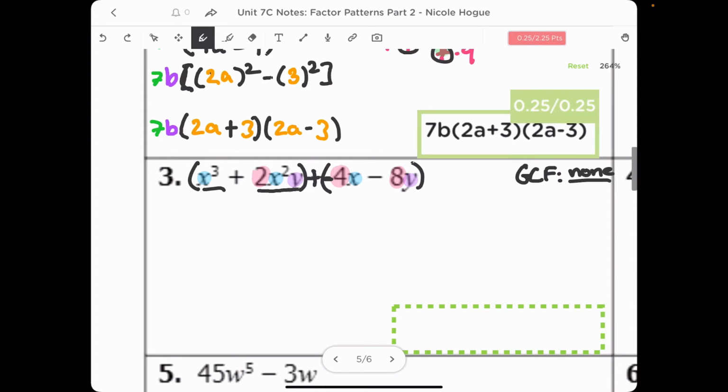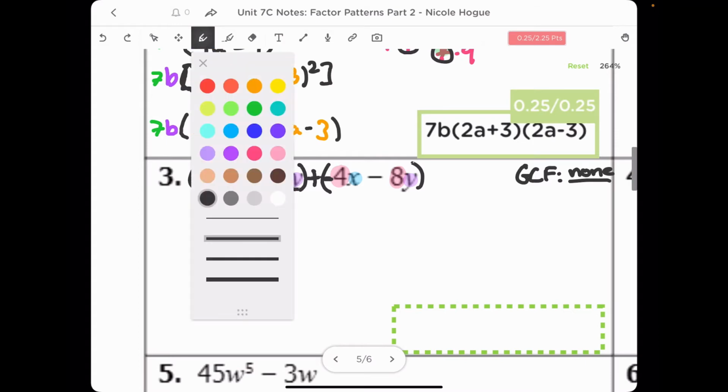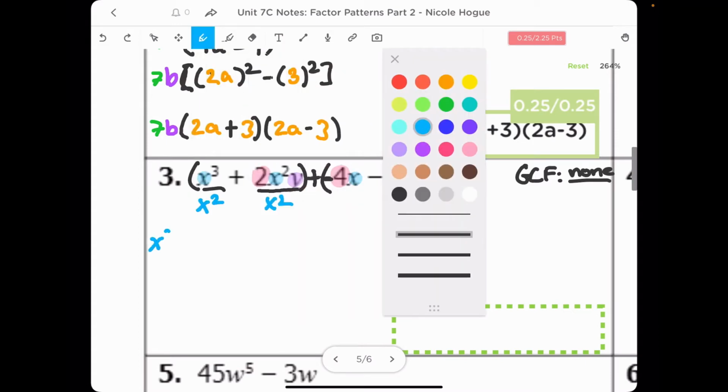The first one only has x to the third and the second one has x squared, so the GCF is x squared. That leaves us with x squared times x plus 2y, since x to the third divided by x squared is just x.